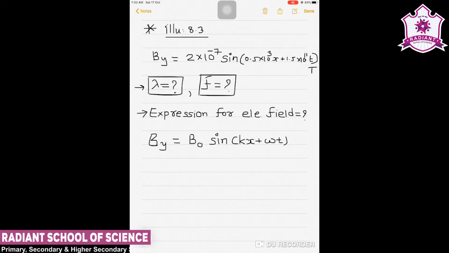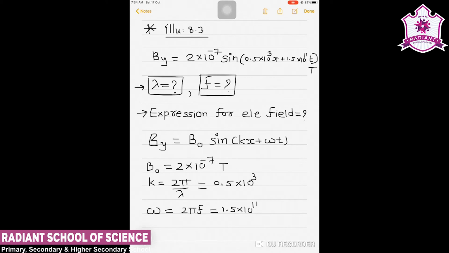So when we compare this equation with the above value, we get B0 equals 2 into 10 raised to minus 7 Tesla, then k, that is 2 pi upon lambda, equals 0.5 into 10 raised to 3, and omega, that is 2 pi f, equals 1.5 into 10 raised to 11. So here we are given different information.